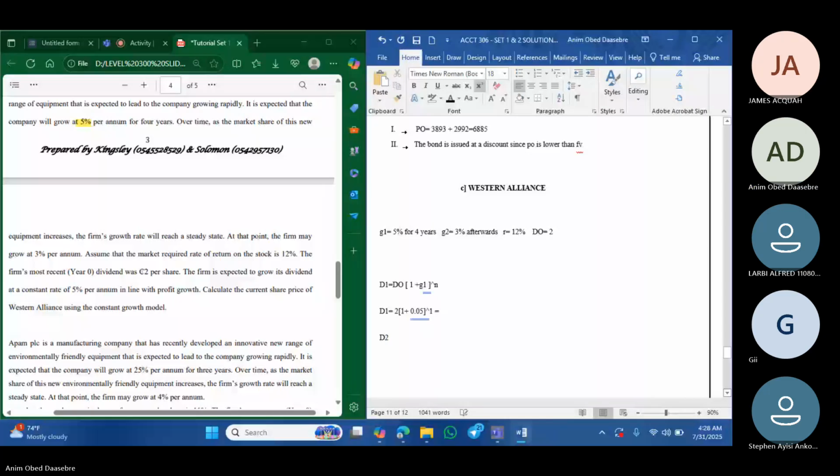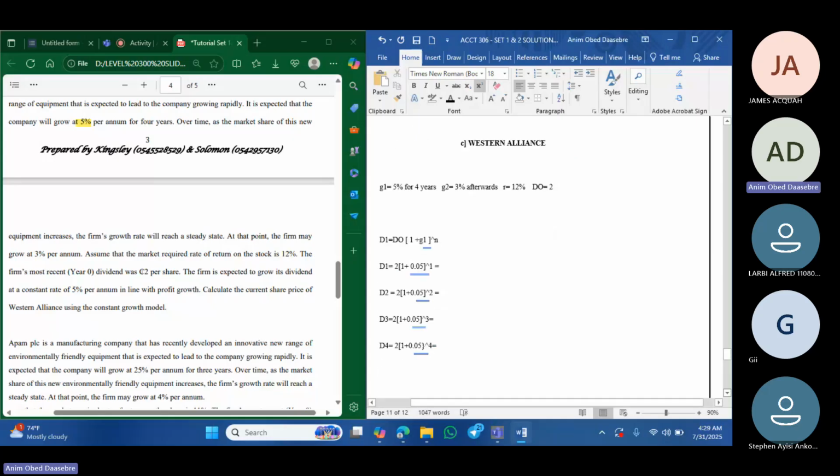D2 will be 2 times 1... Yeah, so someone should help me with the figures.